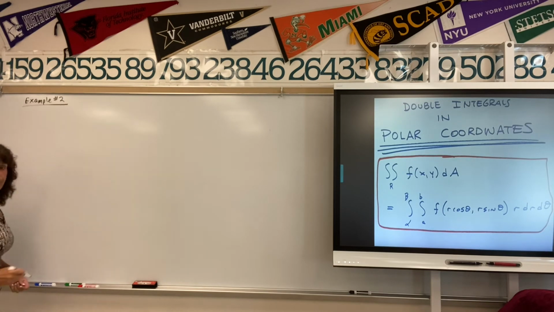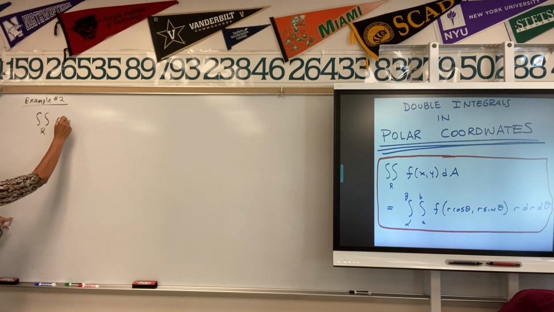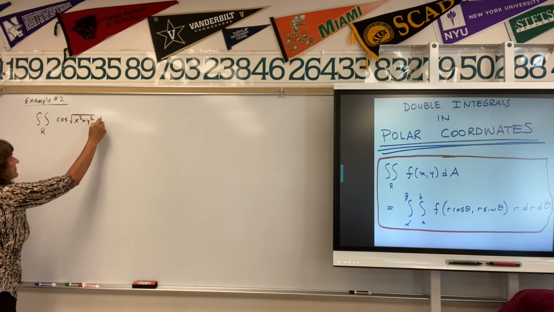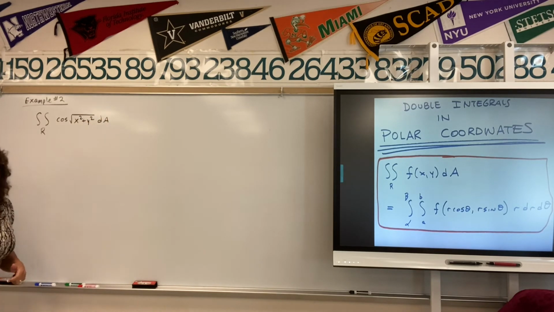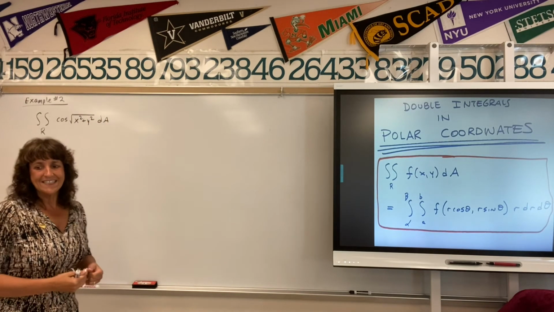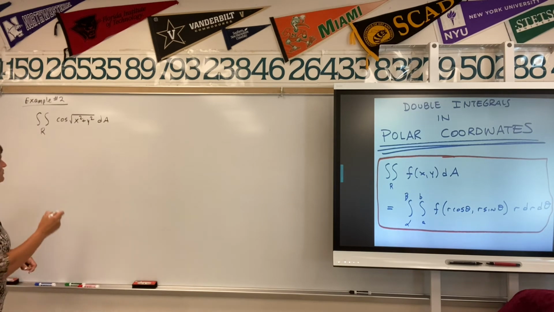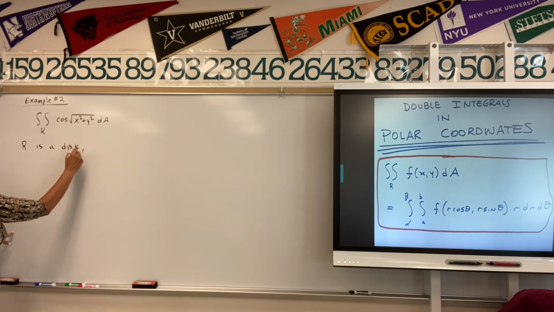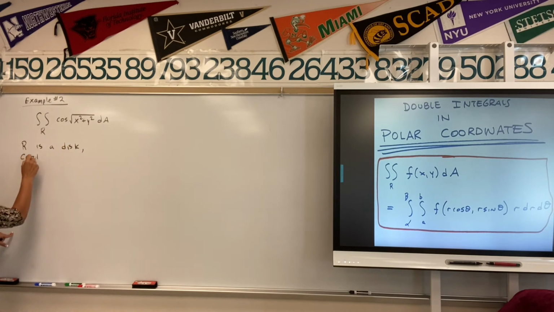For example 2, our double integral is cosine of radical x squared plus y squared dA. So there's our double integral, and R is a disk centered at the origin with a radius of 2.